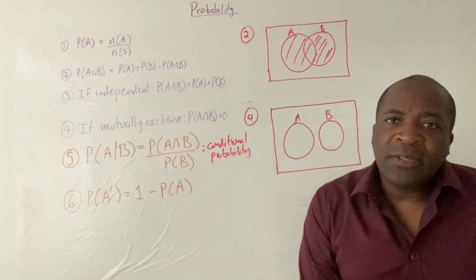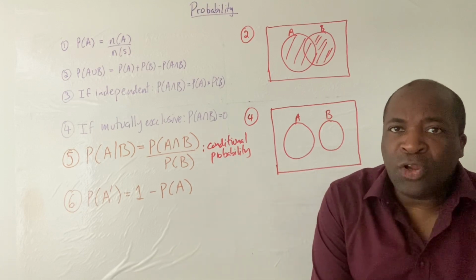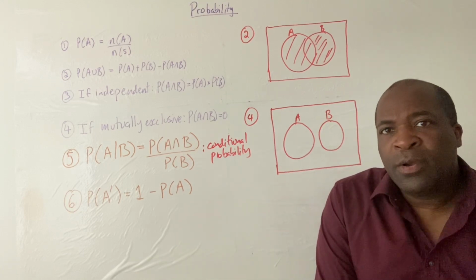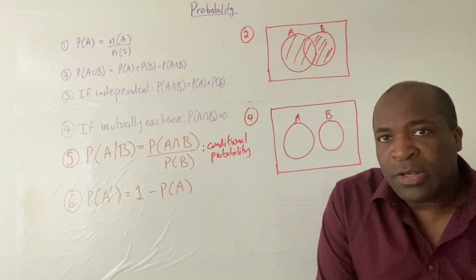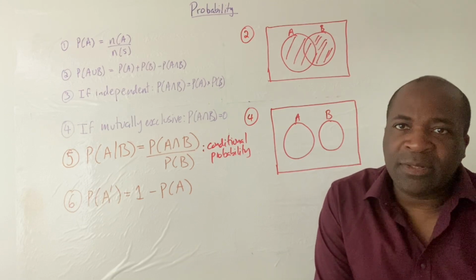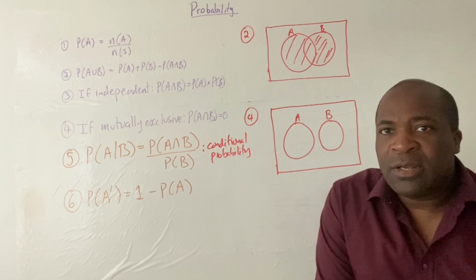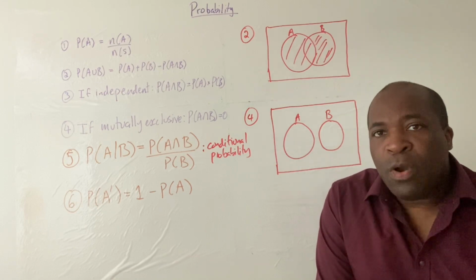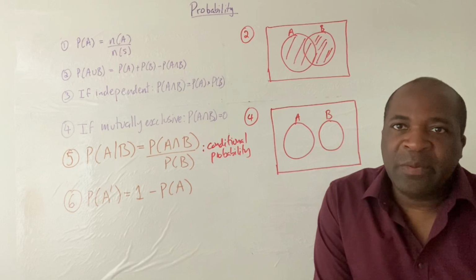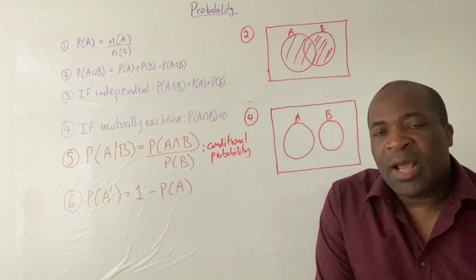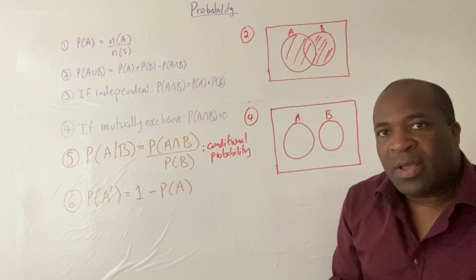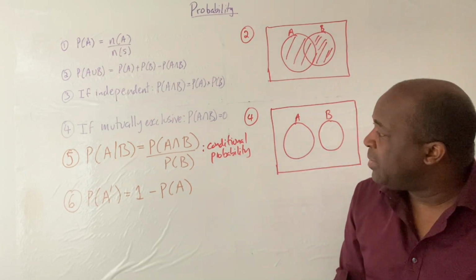There are some instances where the phrase "given that" is not used, and this is where conditional probability becomes a little more subtle, and you'll have to read between the lines that this is a conditional probability question. As we work through some examples, hopefully we'll illustrate those scenarios where conditional probability is more subtly examined.